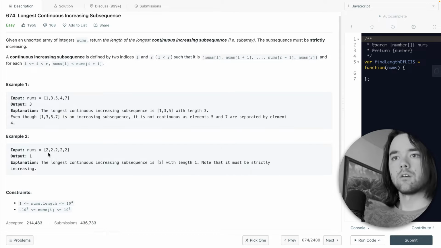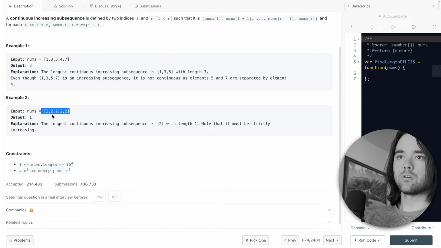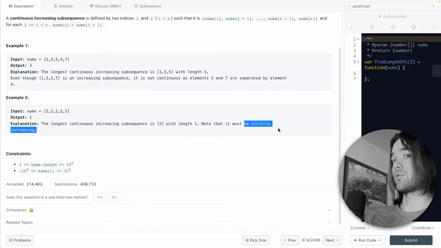Okay, so then let's look at the other example. 2, 2, 2, 2, 2. Basically this example tells us that it must be strictly increasing.